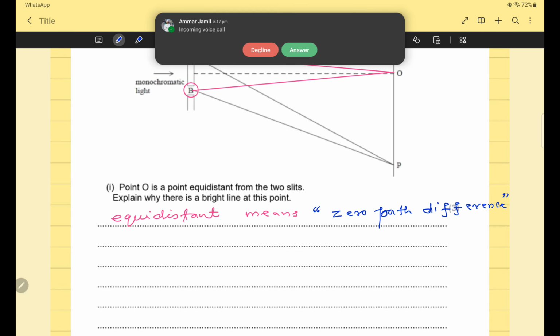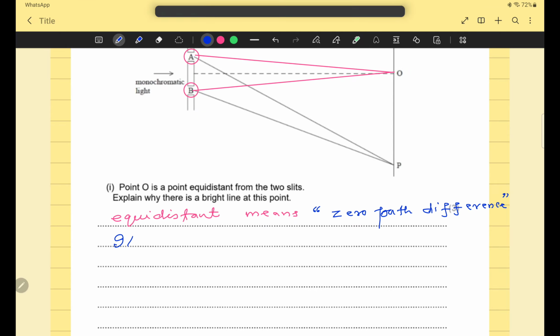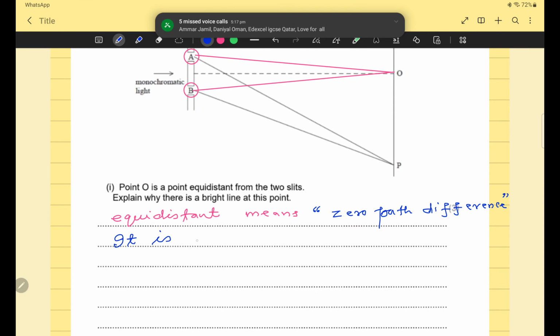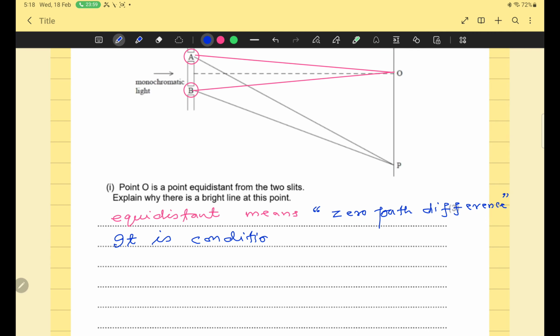It is the condition of constructive interference.